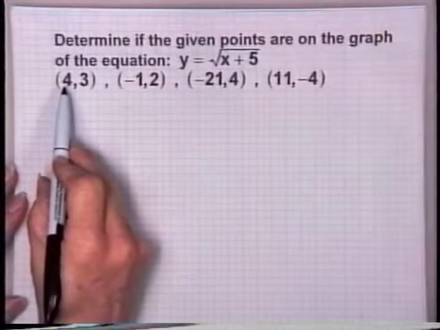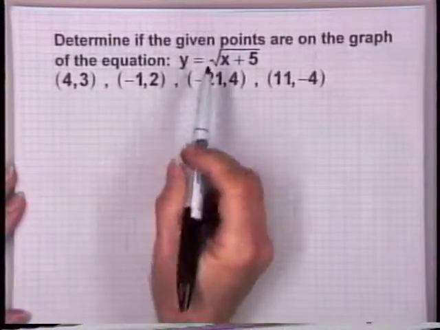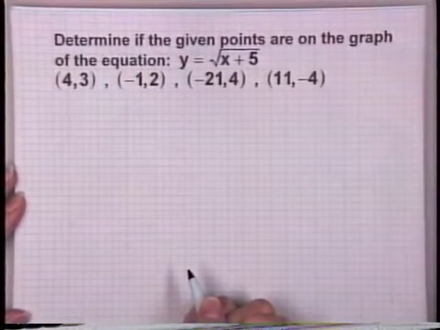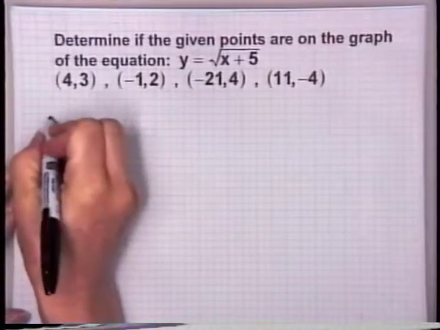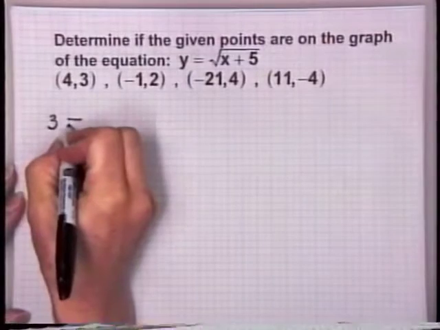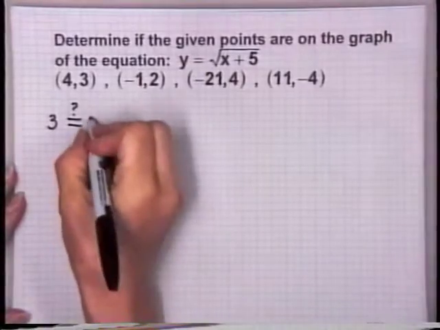This, of course, means that we're going to let x be 4 and y be 3, and we want to know if that makes this equation true. So to do that, let's just simply substitute 3 for y. So I'll put a 3 here. Now I'm going to put a question mark on this equal because we're not sure yet whether this is equal or not, but we will determine that.